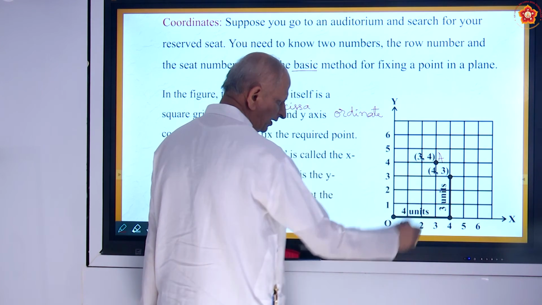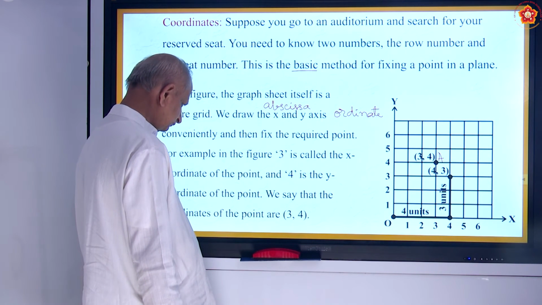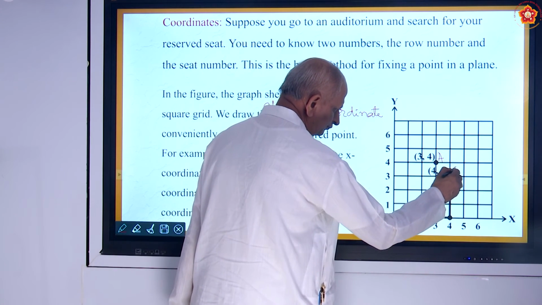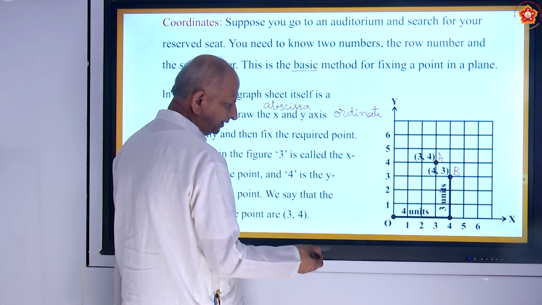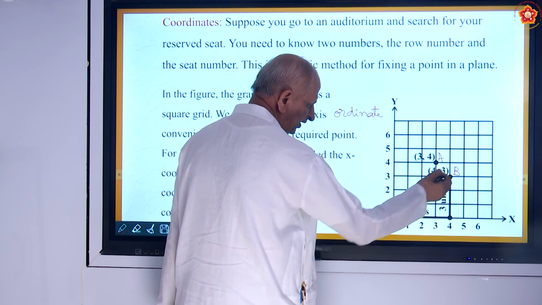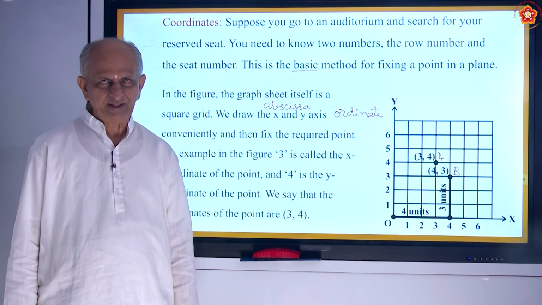So this is the point A. Similarly, suppose you have a point called B. How do you locate it? Horizontal line is 4, vertical line is 3, so 4, 3. Okay, you can make out?